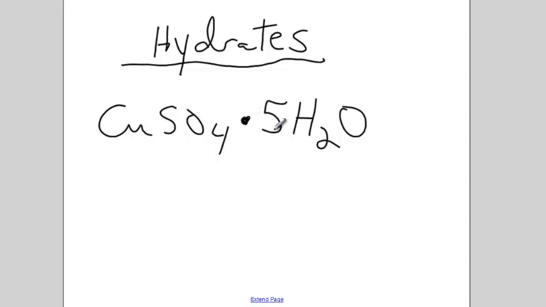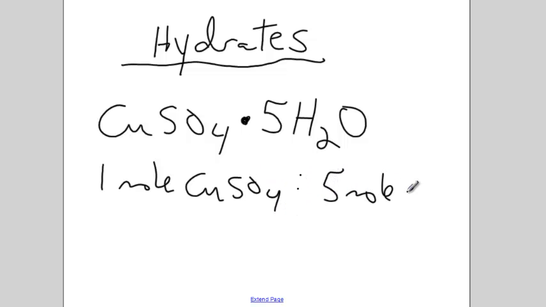This 5 here says to you that for every 1 mole of CuSO4, I have 5 moles of water. Okay? For every 1 mole of CuSO4, I have 5 moles of water. In that sense, it's very much like another element with a subscript. Okay? Only it's water and it's loosely bonded.